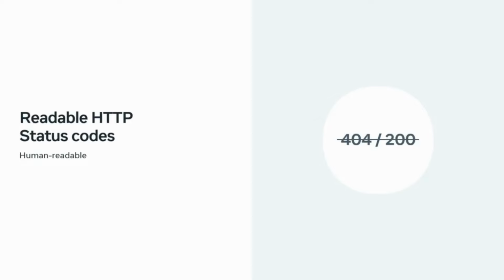Instead, you can use a readable representation like status.HTTP_200_OK or status.HTTP_404_NOT_FOUND. You can find a link to a list of all the status codes in the additional resources reading of this lesson.